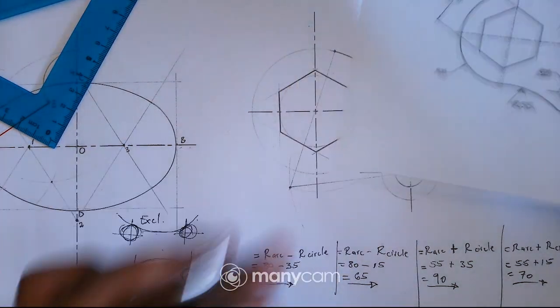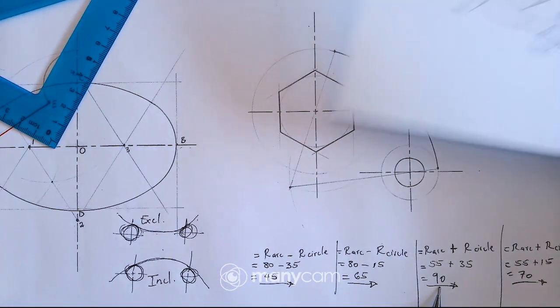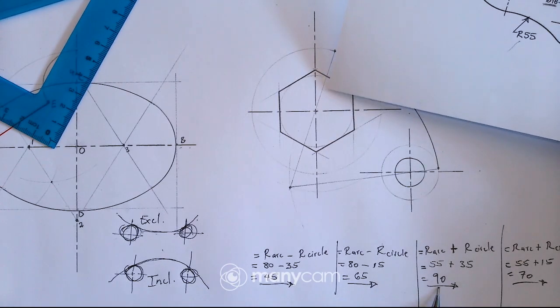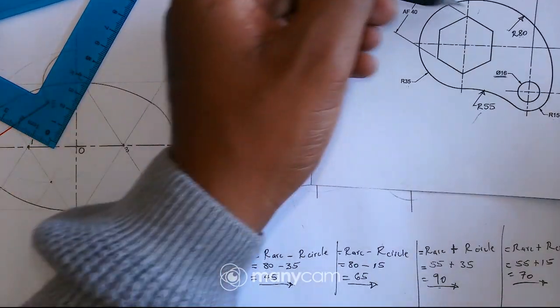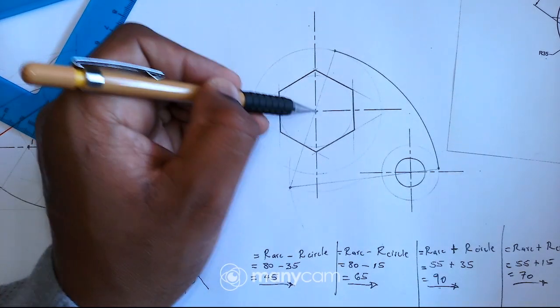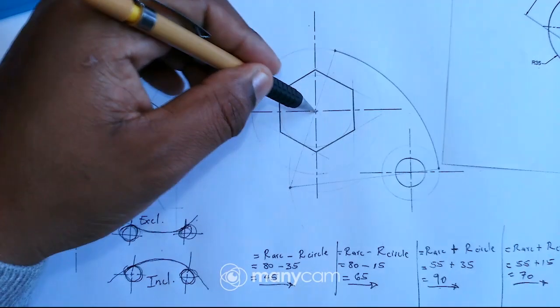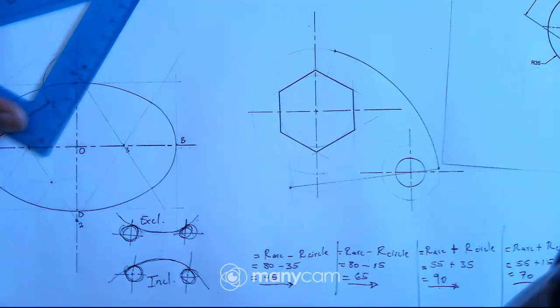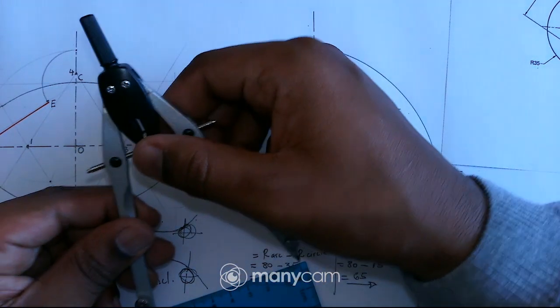So okay, I'll start with this one. So that means I'll have to measure 90, but now obviously I'll have to use the circle. So that means I'll put my compass at that center point there. So I measure 90 first on my compass.